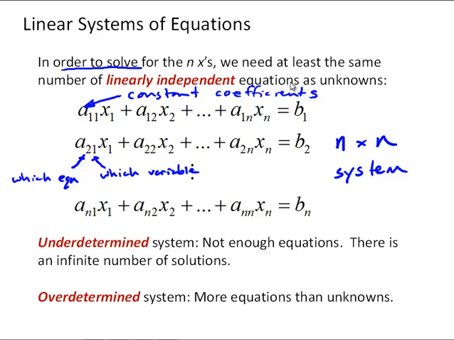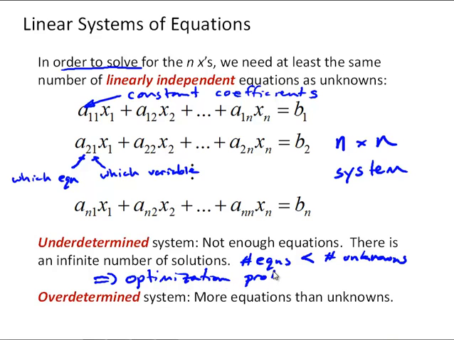A couple terms here. We have an underdetermined system if there's not enough equations. And then there's an infinite number of solutions. So this would be where our number of equations is less than our number of unknowns. And we actually do encounter this in optimization problems in engineering, where we have to pick the values of some of the variables and solve for the rest.